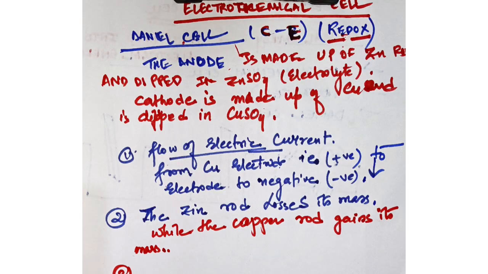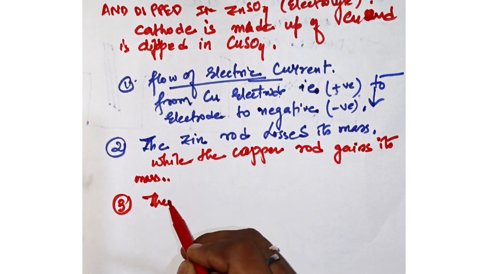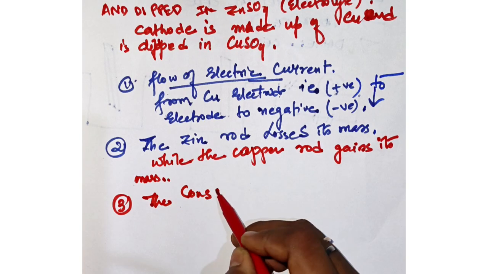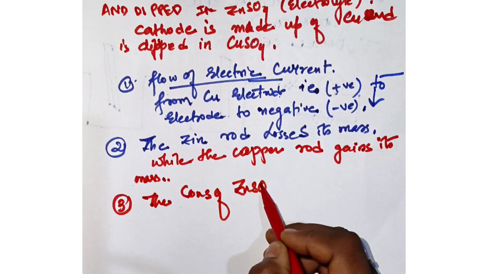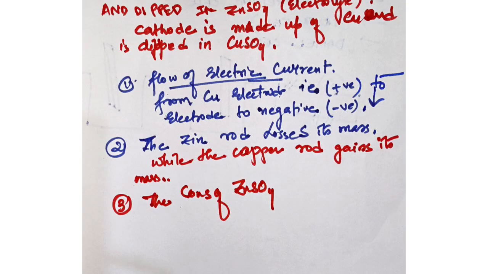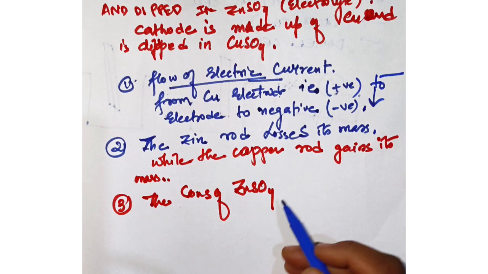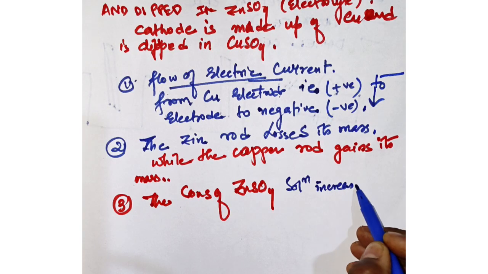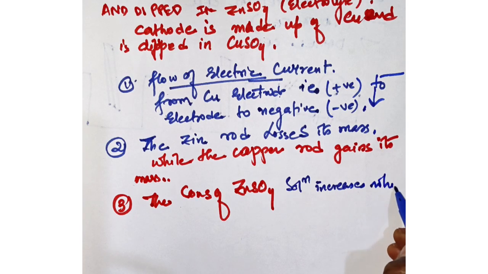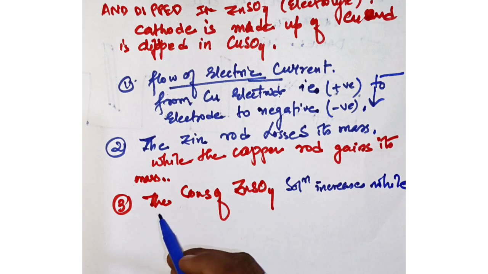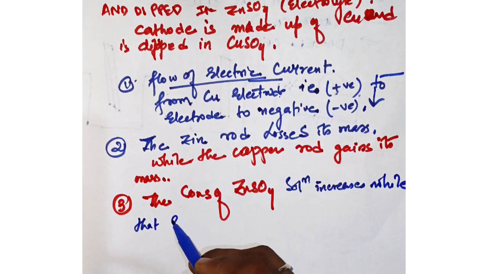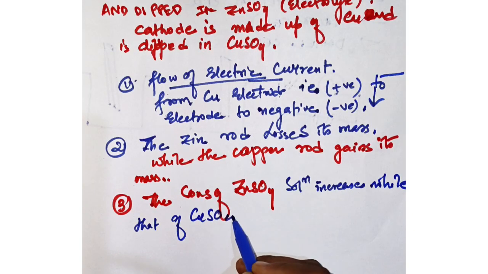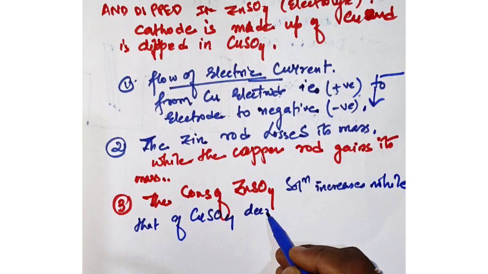Okay, the third observation was that the concentration of ZnSO4 solution increases, while that of CuSO4 decreases.